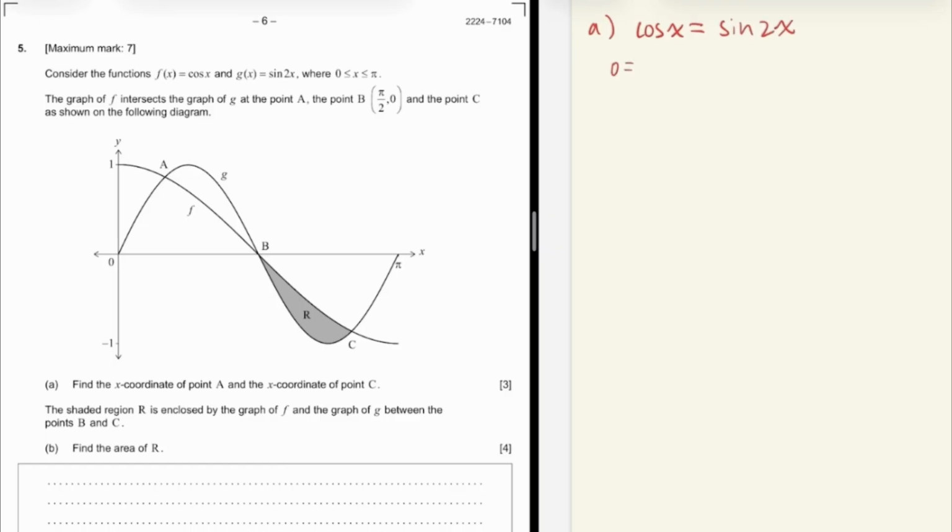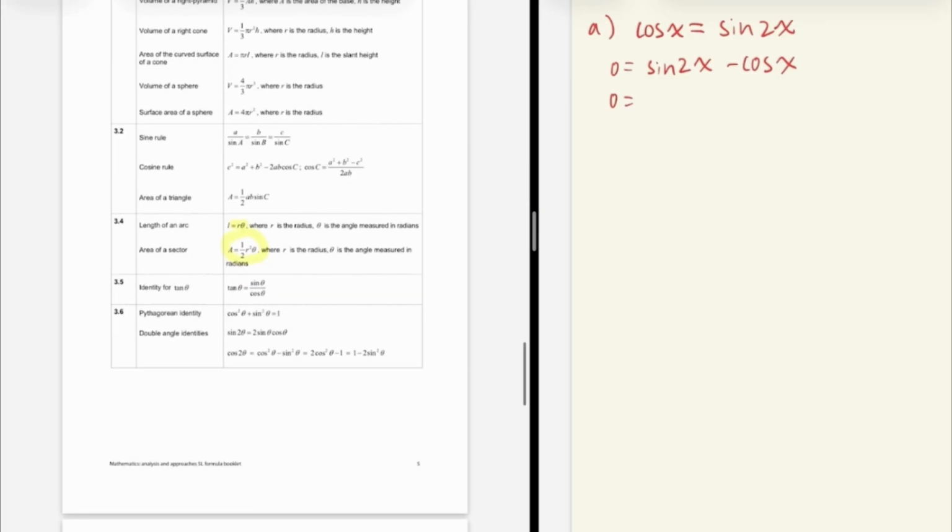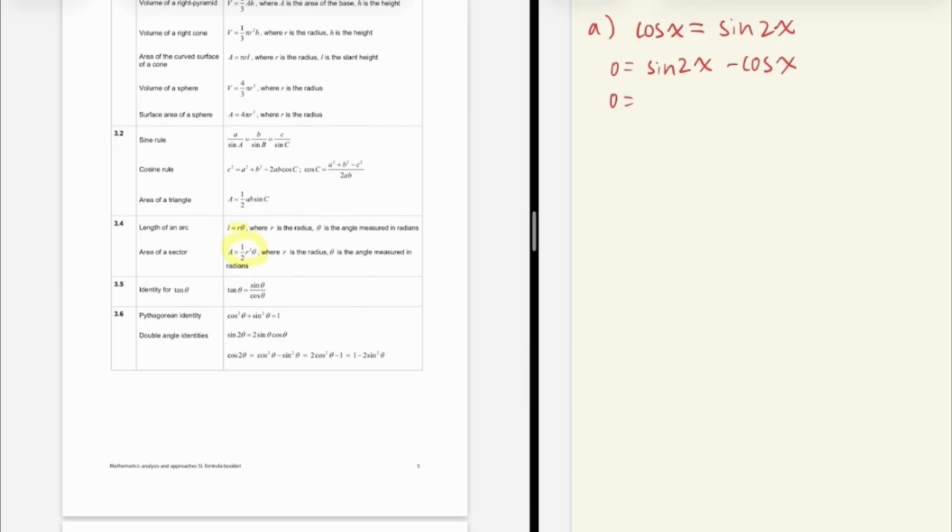So 0 equals sine 2x minus cos x, and sine 2x is equal to 2 sine x cos x minus cos x. And so after simplifying, we will get that this is equal to cos x times (2 sine x minus 1).